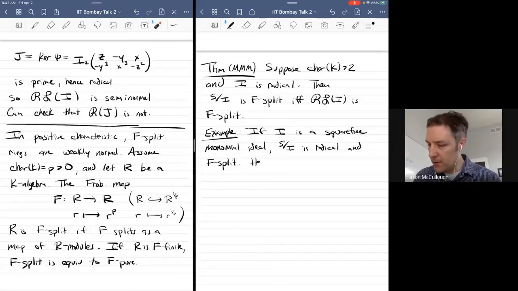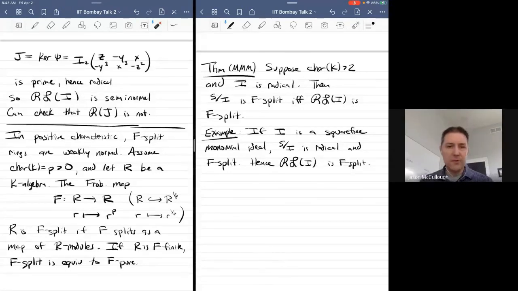And therefore, the Rees-like algebra of that ideal is F split. But notice the Rees-like algebra is a domain, whereas the quotient S mod I was merely reduced. So it's a nice way of creating F split domains.